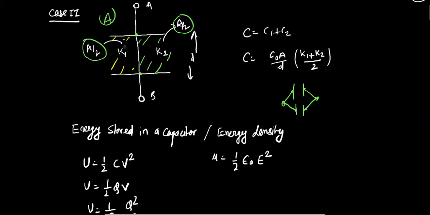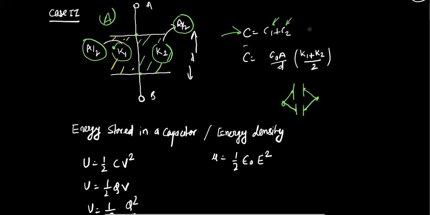So as I have mentioned, in this condition the capacitors are supposed to be connected in parallel combination. That's why the equivalent capacitance can be expressed as the sum of the individual capacitances of the individual capacitors.